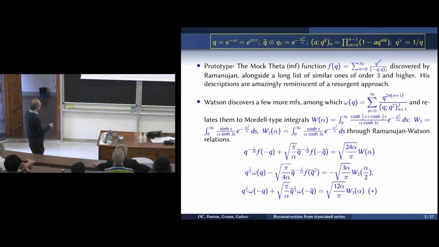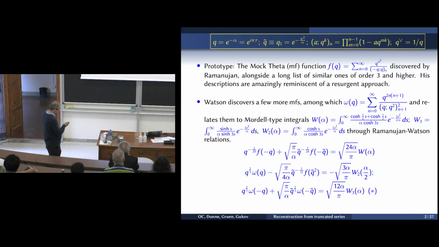Okay, and he finds these important relations between the Q-series and the associated Mordell-type integrals. We can think morally that what he did is a form of very clever Poisson summation and Euler-Maclaurin summation combined in one.